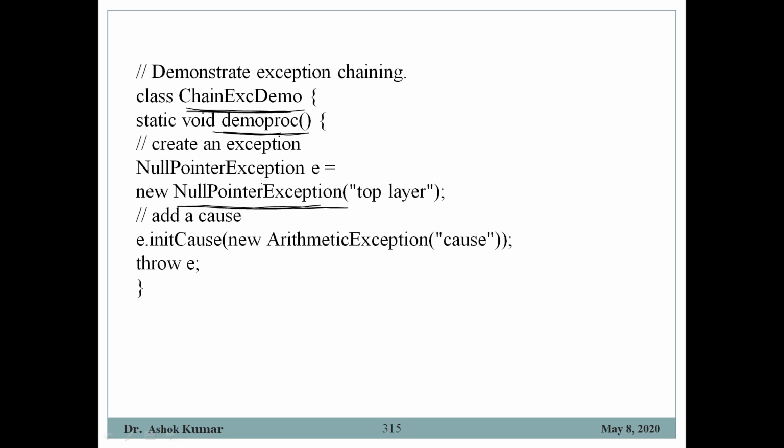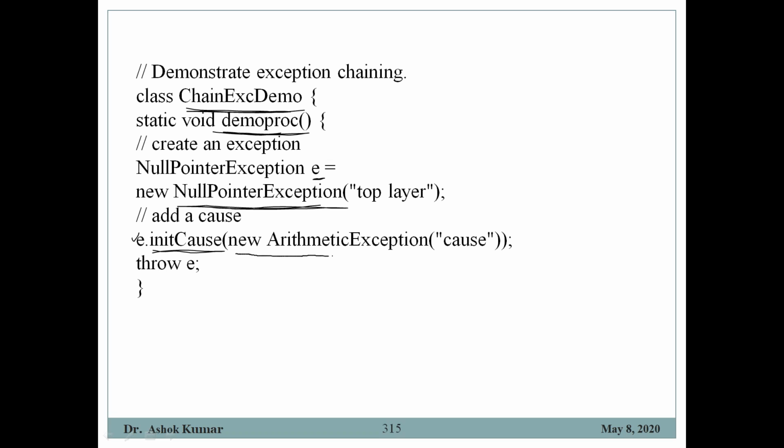Then with this line we are creating the object, and then we are attaching one reason for this NullPointerException. How can you attach the cause exception? For that you will call initCause with the exception object and pass the object that is the reason for the exception.